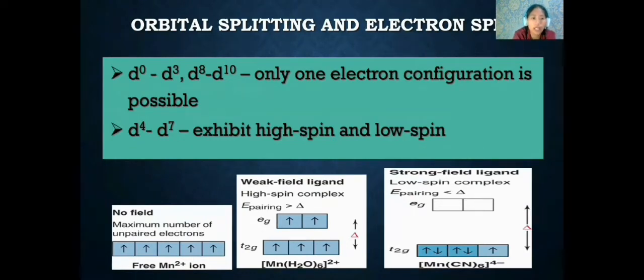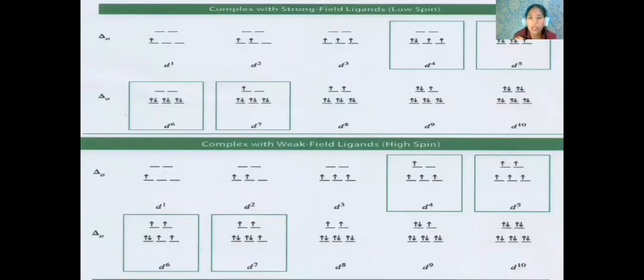And we have here d0, d3, d8, d10. Only one electron configuration is possible, as we're going to see later on. And then d4 to d7 exhibit both high spin and low spin.